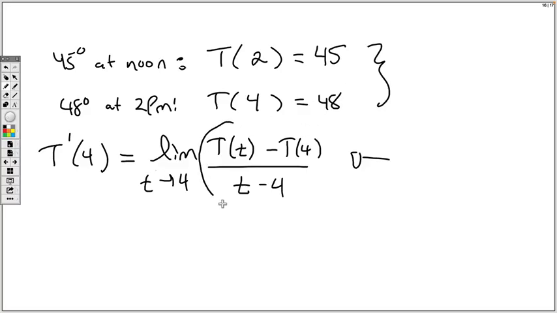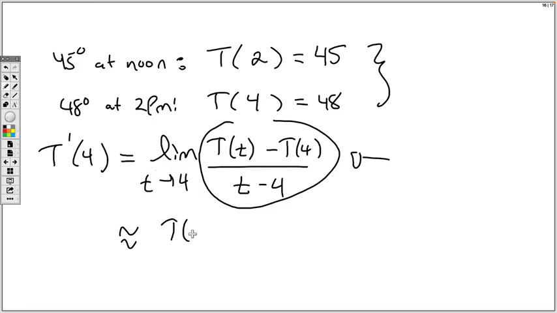Remember, the tangent line slope was a limit of the secant line slopes. The instantaneous rate of change was a limit of the average rate of change. So we'll put this really rough approximation here, because the only other point I have is 2.